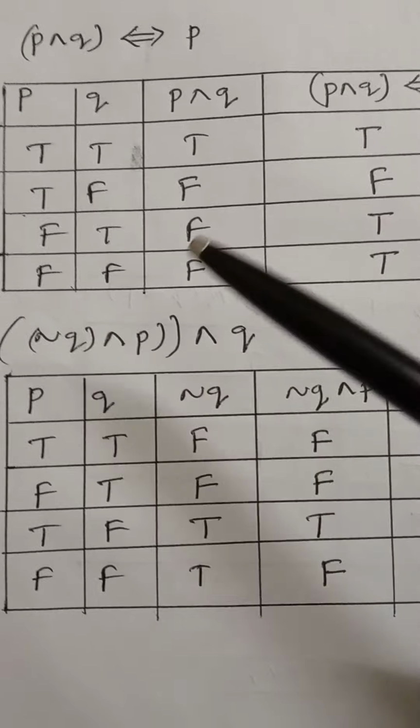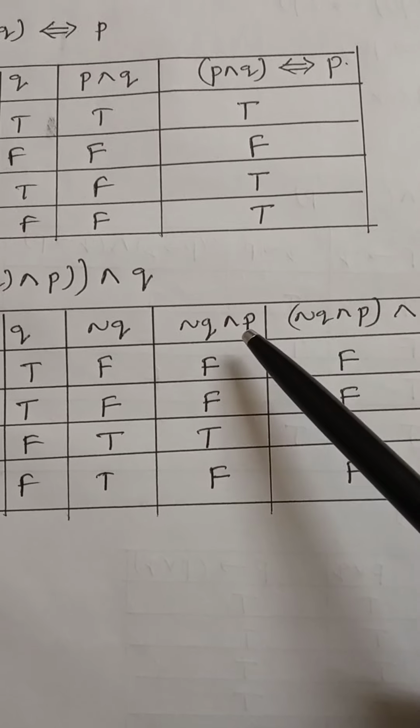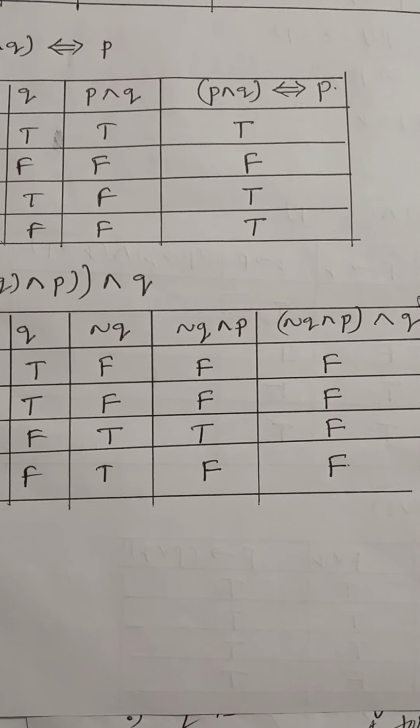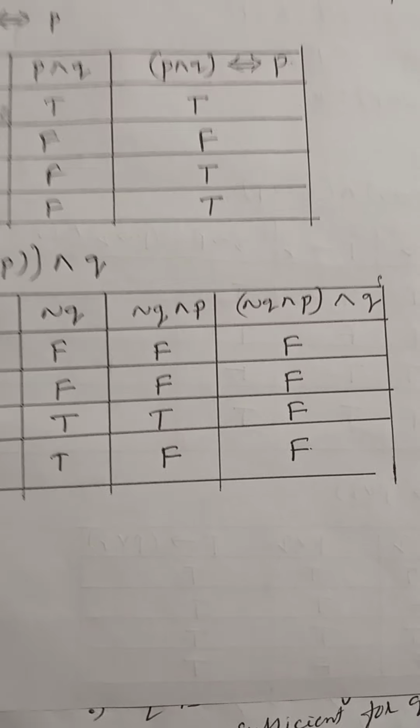Next, negation Q and P whole and Q. Right? These are the compound statements. Now we are writing all possible truth values over here. Now here we know that this is called conjunction. Conjunction means if both statements have the truth value true, then only the result is true. In other cases it is false.